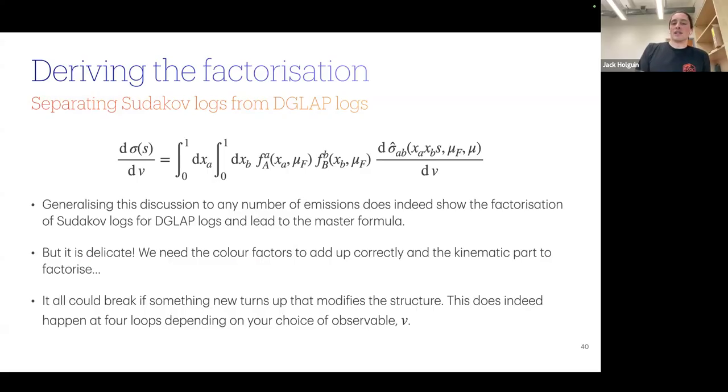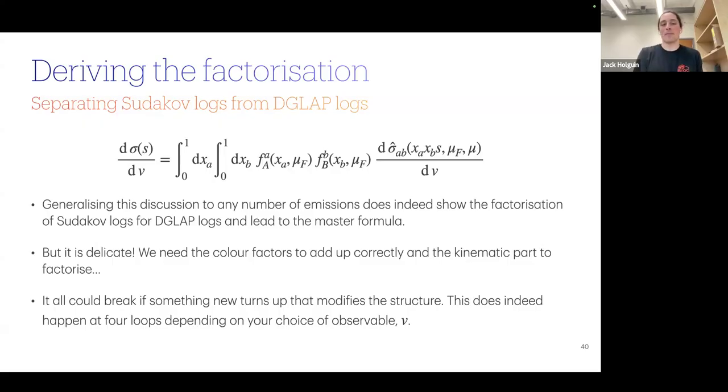Okay, so generalizing this to any number of emissions does indeed show that you can factorize the Sudakov logs, which would come from these red gluons, from the Dirichlet logs, leading to this master formula. But it's delicate. As I said, we need the color charges to add up correctly, and that depended on the kinematic factor being universal between them all.